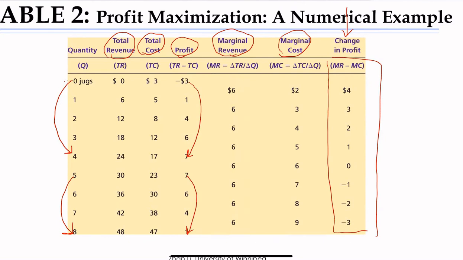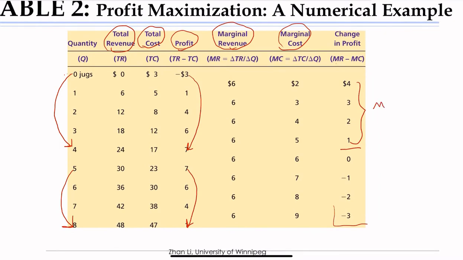Now, if you look at the last column, you will get some result like this. So for these columns, marginal revenue minus marginal cost is positive. So at these quantities, MR is larger than MC, right? And then you can see that for these quantities, we have either 0 or a negative number.